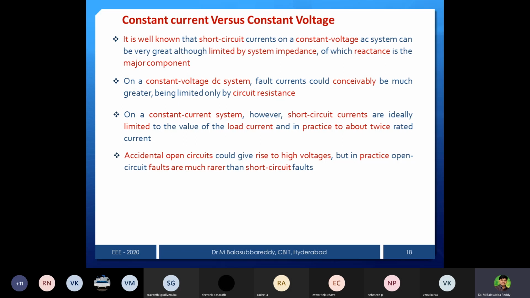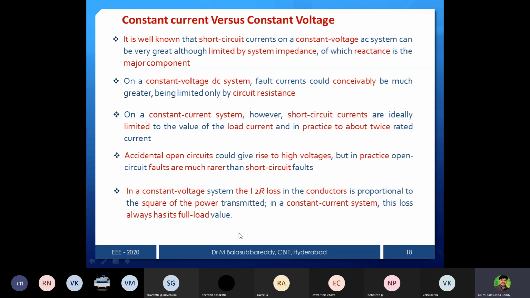Then the tap changers will adjust to maintain a constant voltage level. That's what will happen. If unfortunately an open circuit takes place, then the voltage will rise. But practically, open circuit faults occur rarely when compared to short circuit conditions. If anything is accidentally open, then voltage will rise and you need to act accordingly.